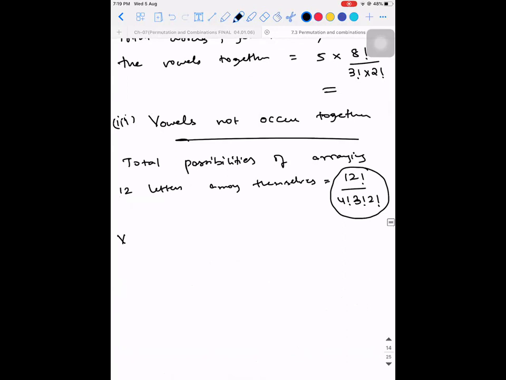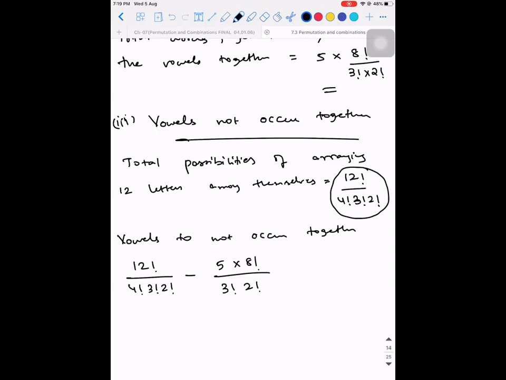So for the vowels to not occur together, what should be the answer? 12 factorial by 4 factorial into 3 factorial into 2 factorial, minus what? 5 into 8 factorial divided by 3 factorial into 2 factorial. Is it clear?